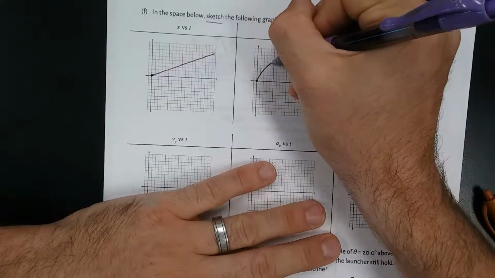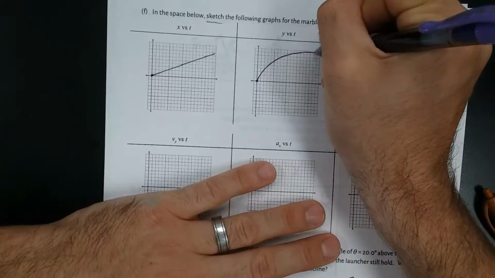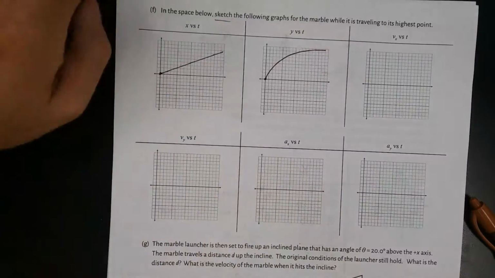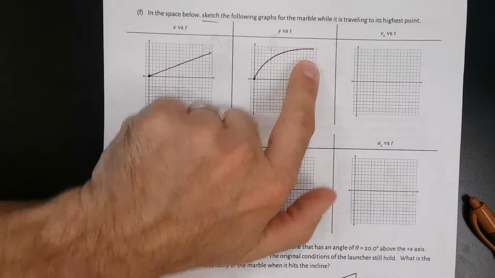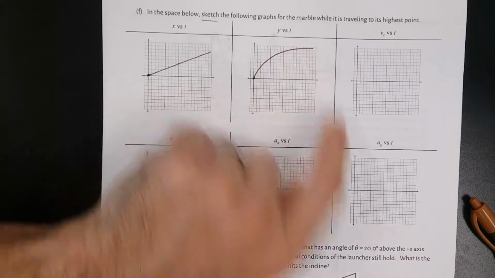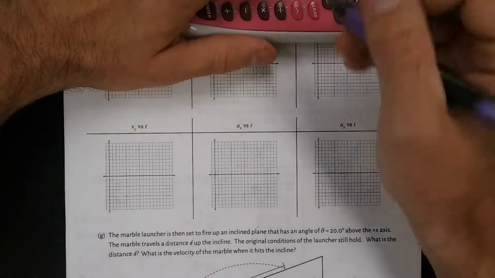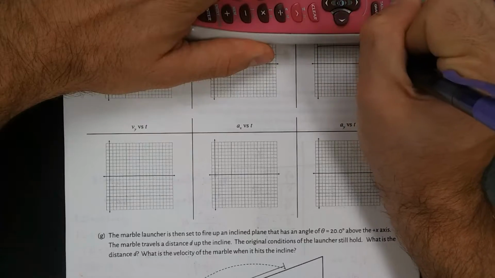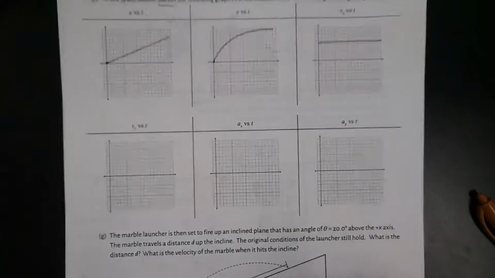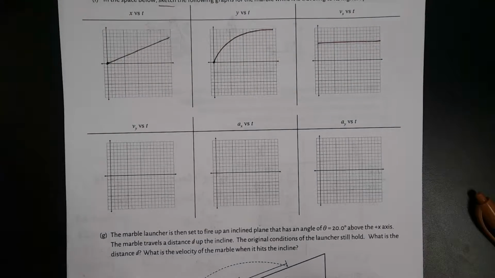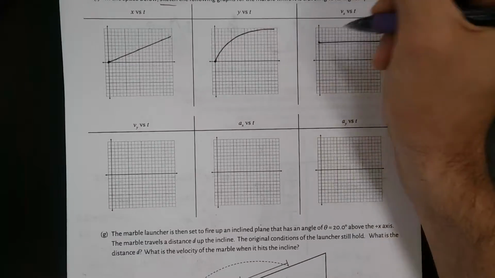Y versus t, in that same time frame, we should stop at our highest point because there's no longer any vertical velocity, and the slope goes to 0. Horizontally, we have a constant horizontal velocity, always at the same value.